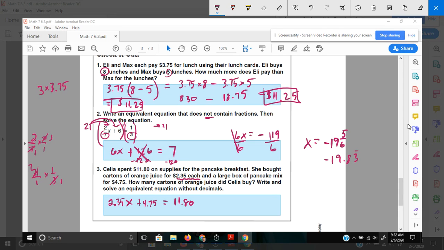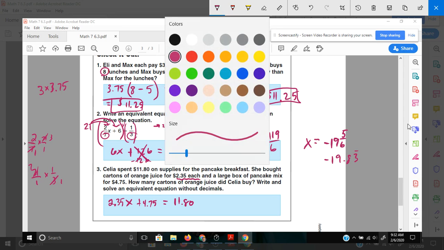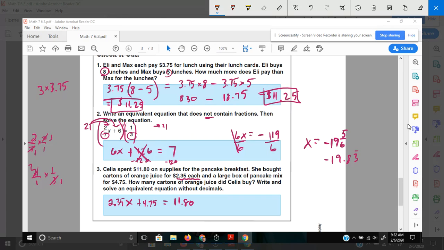And if you multiply each side by 100 to get rid of your decimals, you'd come up with 235x plus 475 equals 1,180.